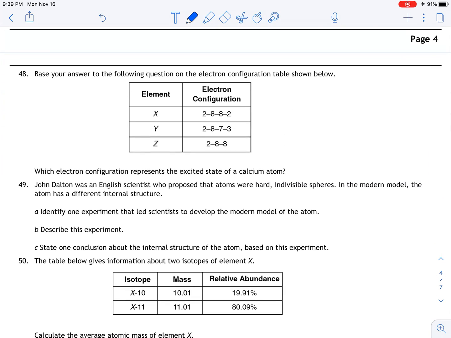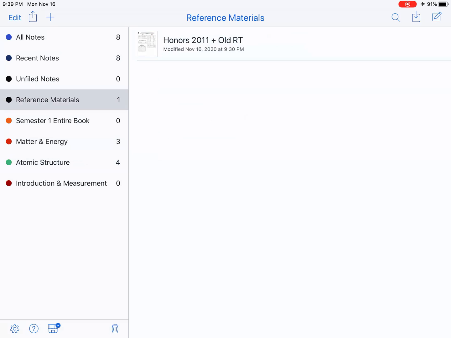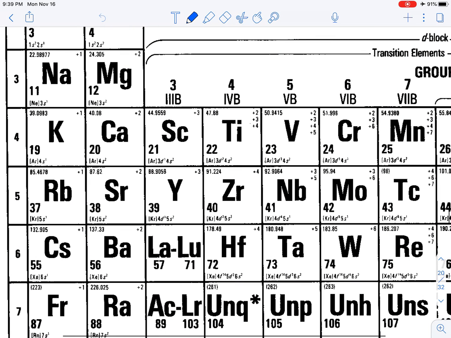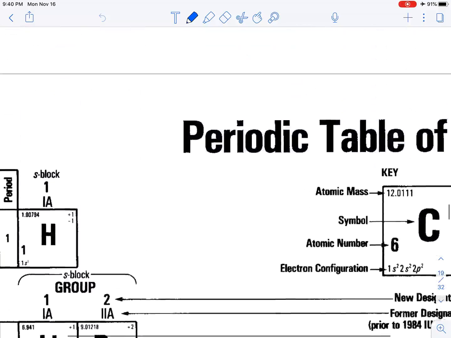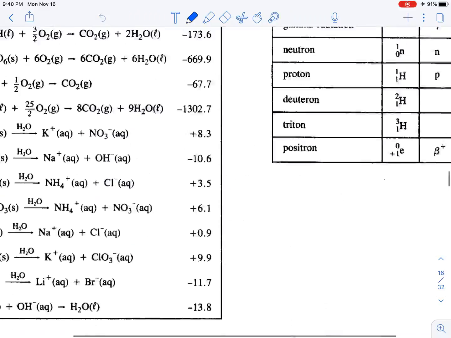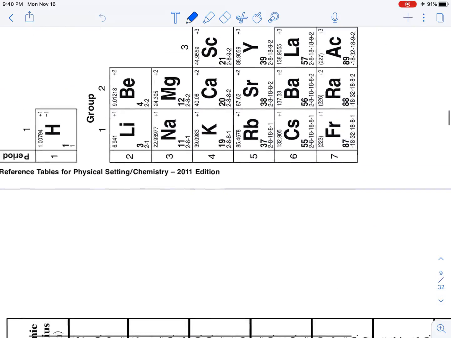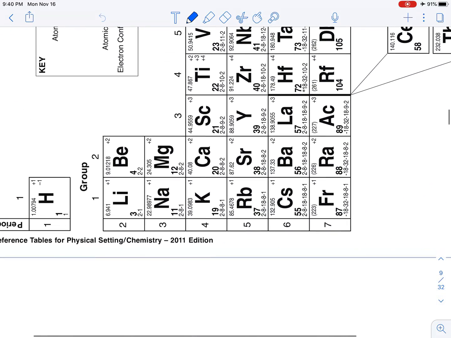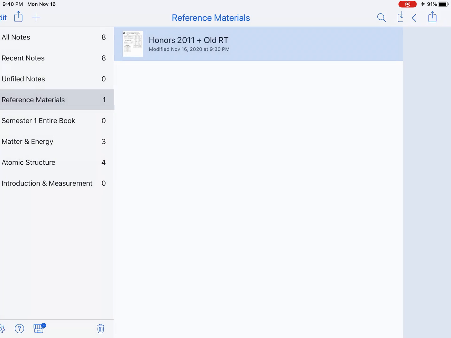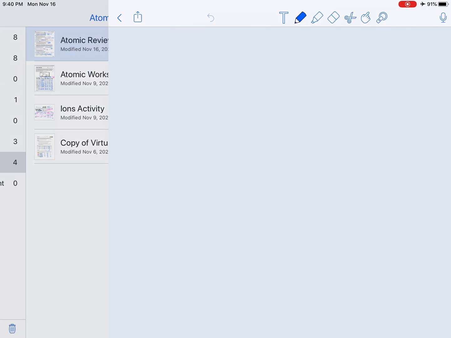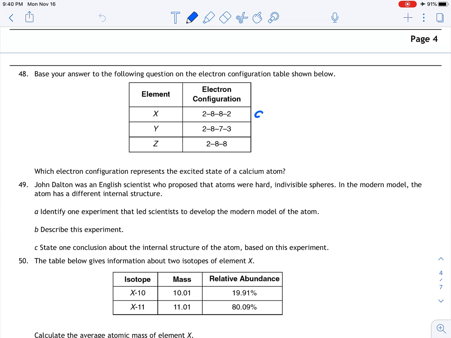Base your answer to the following question on the electron configuration, which is the excited state of a calcium atom. So let's go back to this. Let's go to calcium. Calcium has 20 electrons. They're using the Bohr configuration, so I suppose we should go to the other one. Sorry, it's crooked. 2-8-8-2 is the ground state. So this is ground.